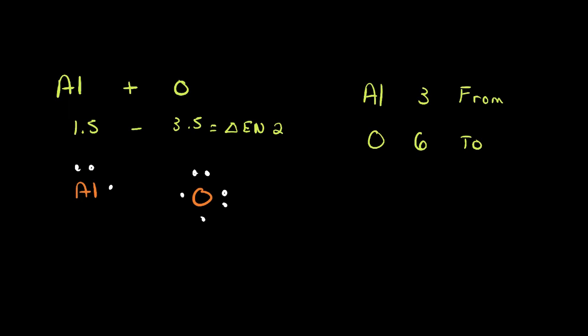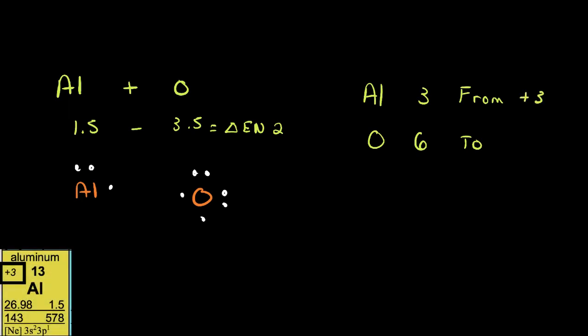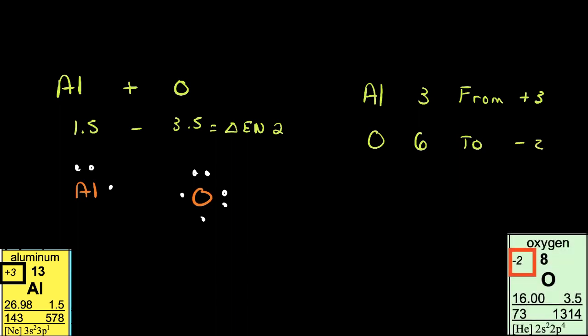Aluminum, if it gives away those 3, it's going to be more positive by 3. Oxygen, if it picks up 2 more negatives, it becomes more negative by 2. So aluminum and oxygen, let's put those oxidation numbers in here. +3, -2.